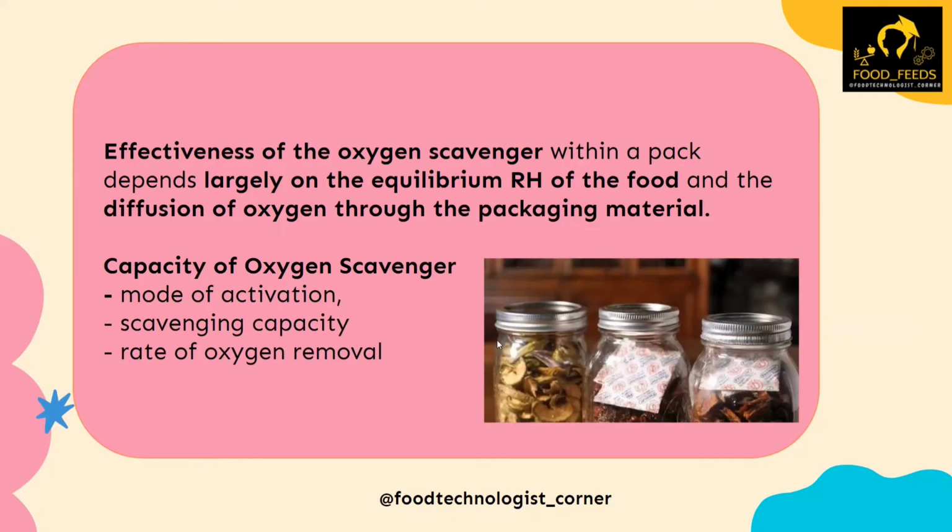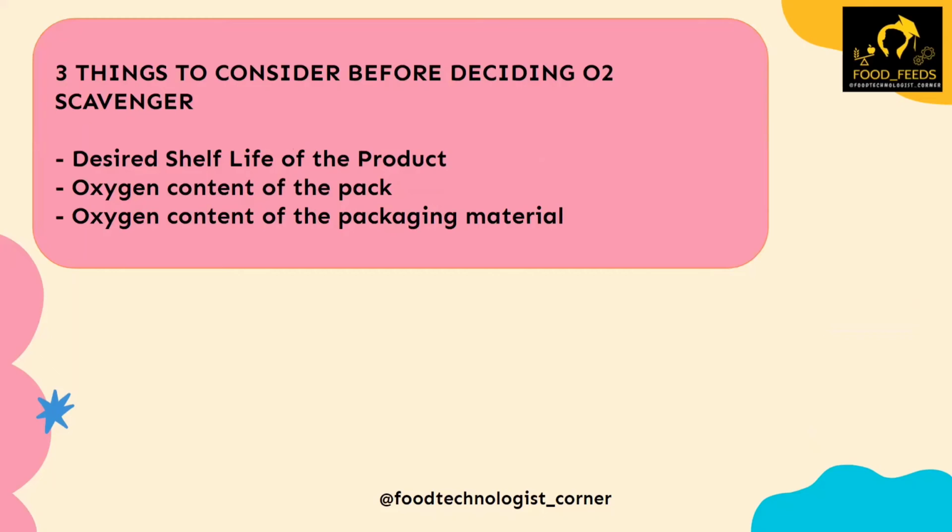Coming to the capacity of oxygen scavengers, it depends on the mode of activation, scavenging capacity, and at what rate the oxygen is being removed. Now we need to understand what factors we need to consider to select a particular oxygen scavenger. First is the desired shelf life of the product in which we are going to add this oxygen scavenger.